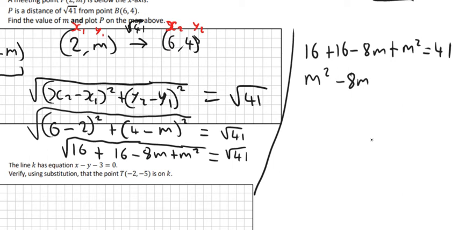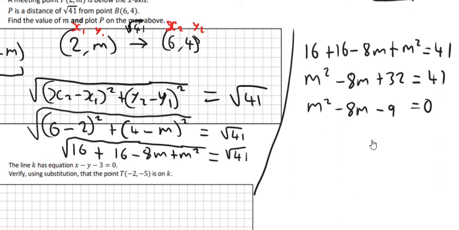Then 16 plus 16 is 32, is equal to 41. Then move over the 41 and you'll get minus 9. So m squared minus 8m, 32 take away 41, because it changes to a minus when it goes across the equal sign. So minus 9 is equal to 0.